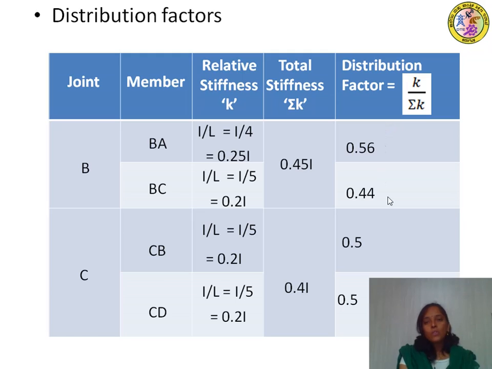If you observe these values, if you add the distribution factors at a joint, it will always be equal to 1. So 0.56 plus 0.44 will be equal to 1, and 0.5 plus 0.5 will also be equal to 1. It will be neither less than 1 nor more than 1. It will always be equal to 1.